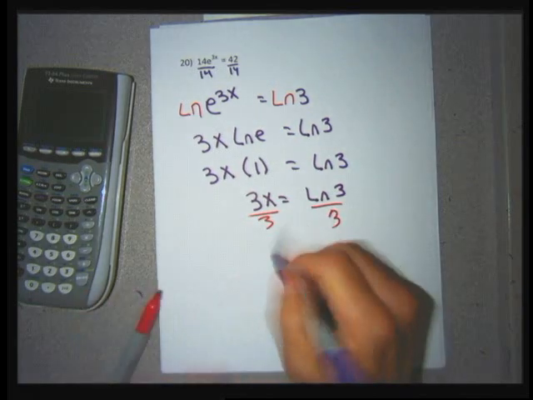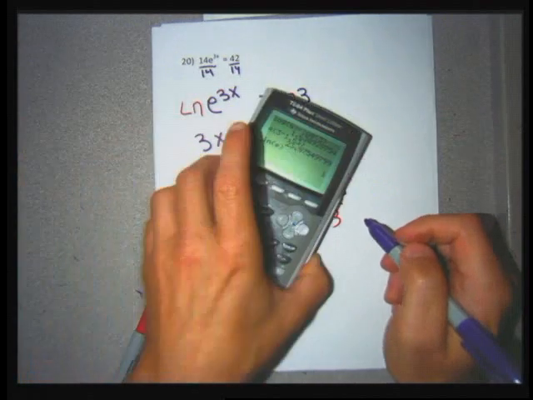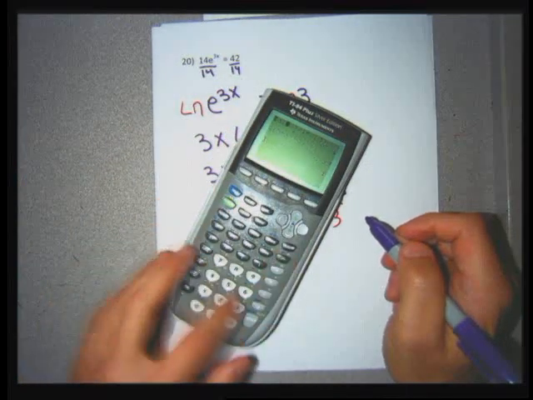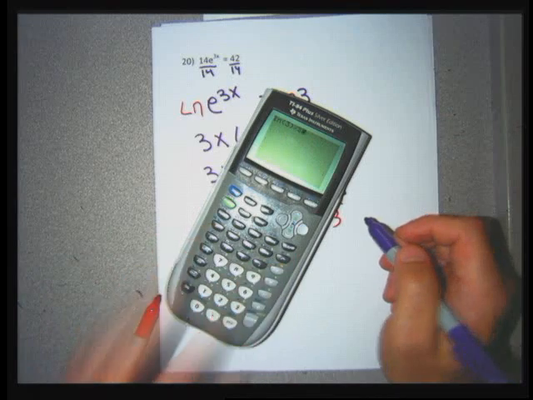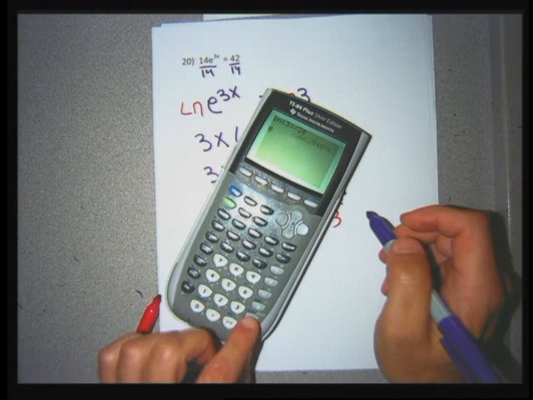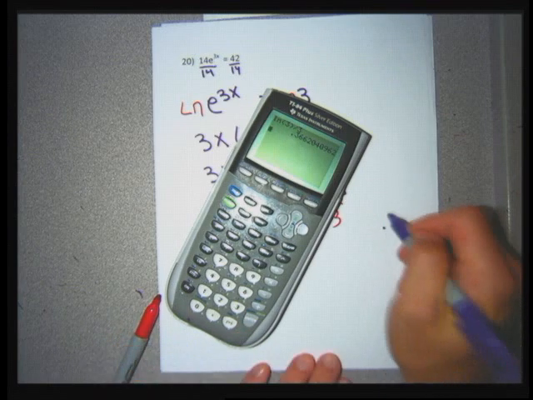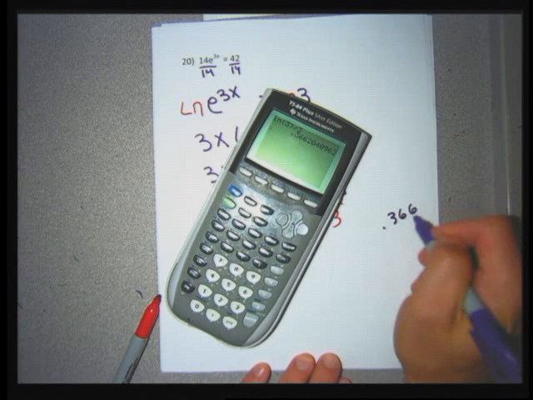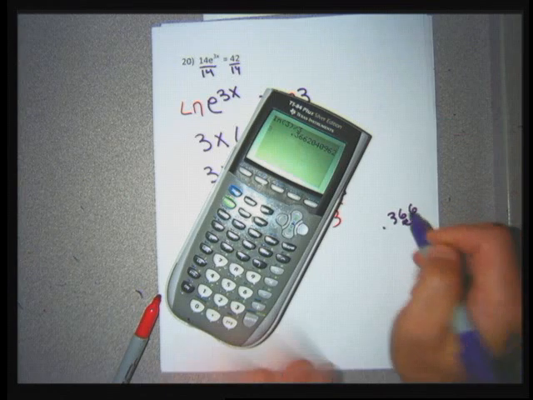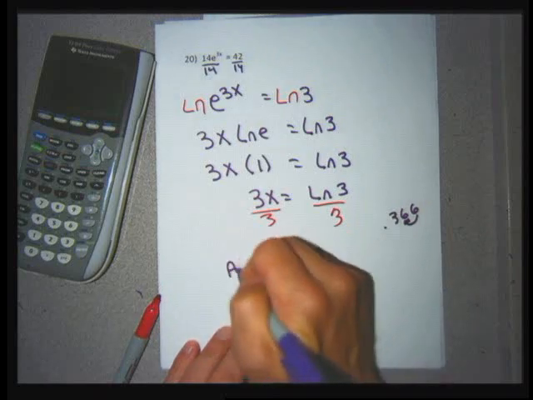I get x equals the ln of 3 over 3. That's calculator. So I'm going to go ln of 3, parentheses, divided by 3, entering it more or less how it's written. The ln of 3 divided by 3 is 0.366, and since I'm asked for 2 decimals, I'm going to round that to 0.37. So I'm going to say x equals 0.37 for my answer.